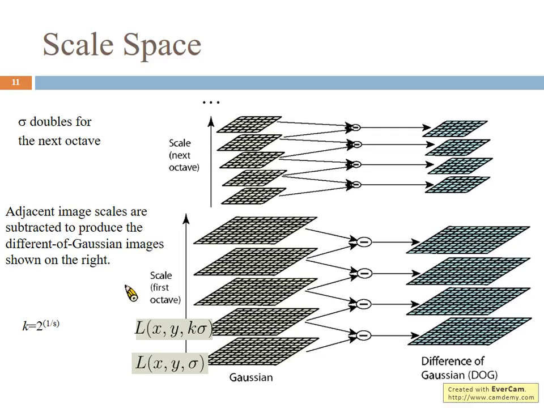And this is the illustration showing the scale space. By applying the Gaussian kernel with different standard deviation, we can get different degrees of blurred image.